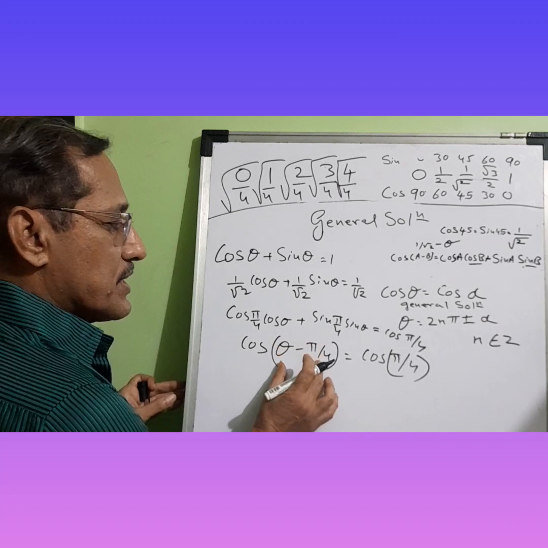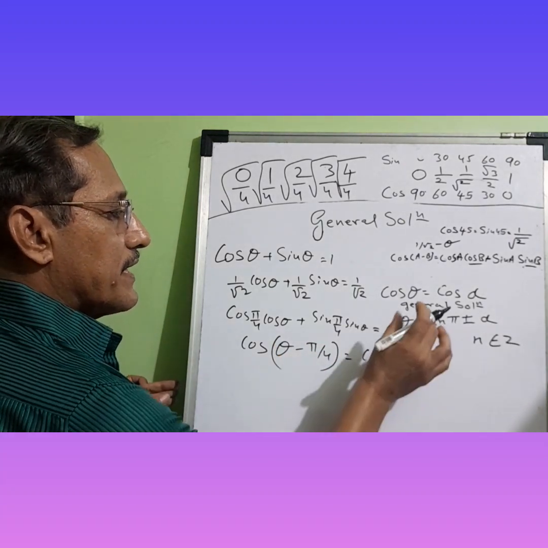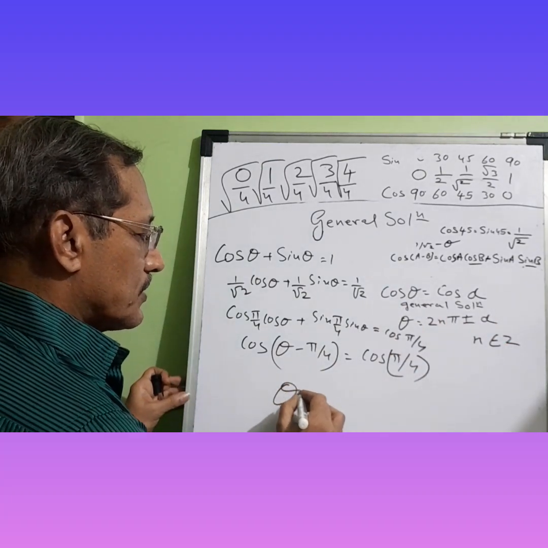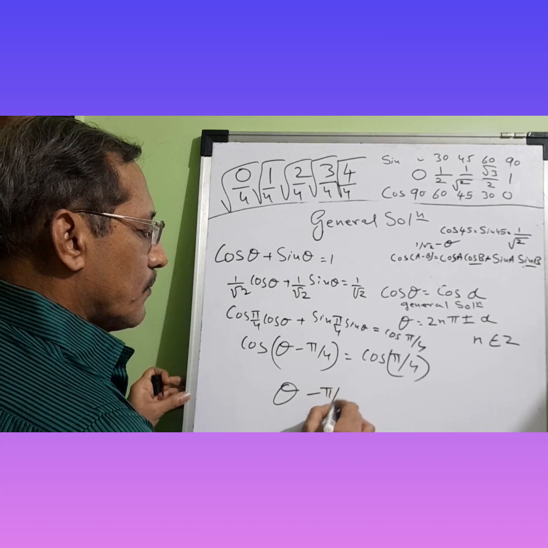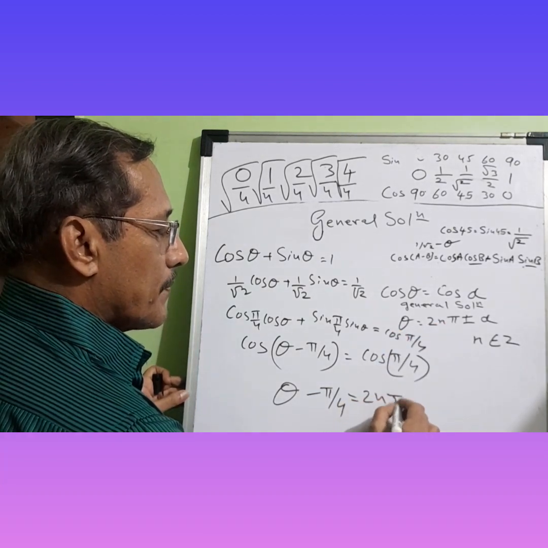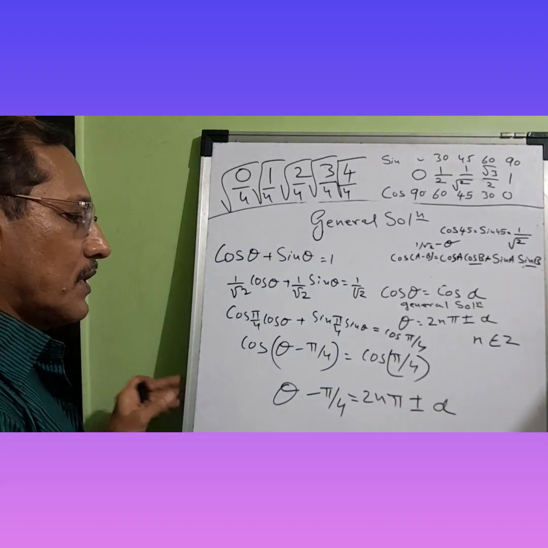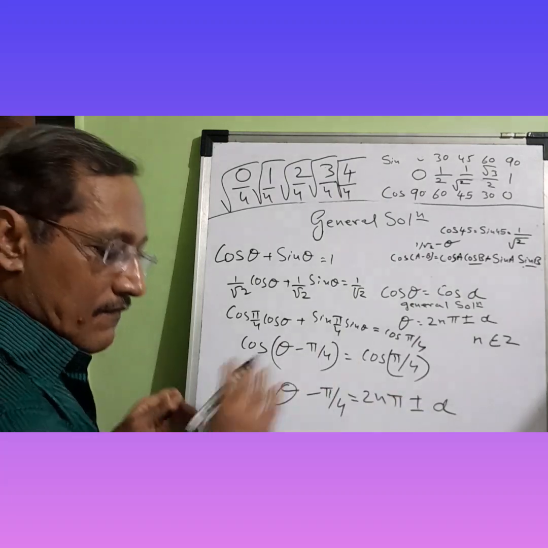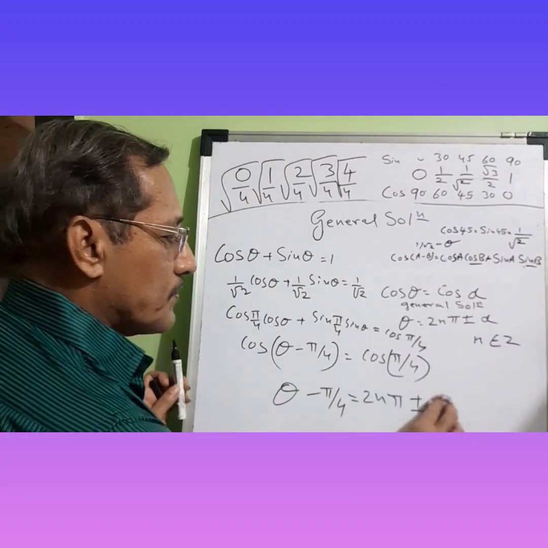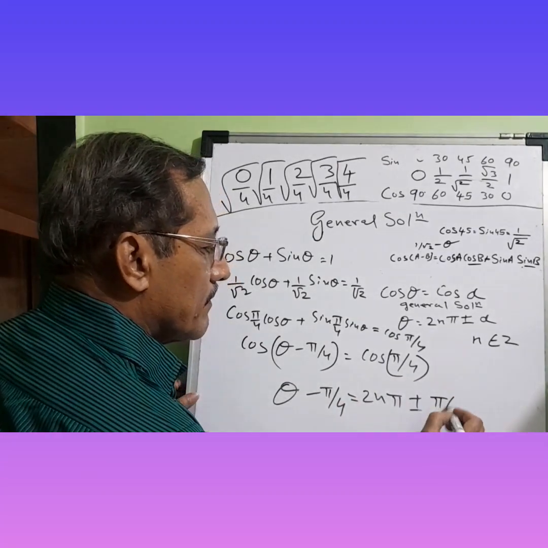Now we know cos theta is equal to cos alpha. So if it is cos alpha, then we can write theta is equal to this. So theta minus pi by 4 would be equal to 2n pi plus minus alpha. Now alpha was what? Pi by 4. So instead of alpha, I would be writing here pi by 4.